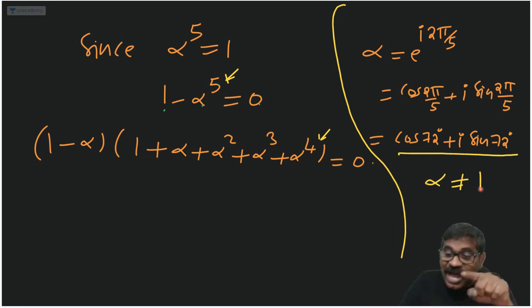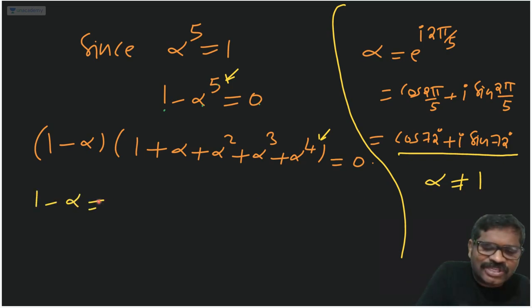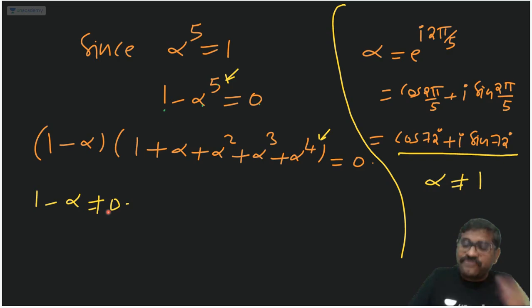If alpha is not 1, then 1 minus alpha is non-zero.